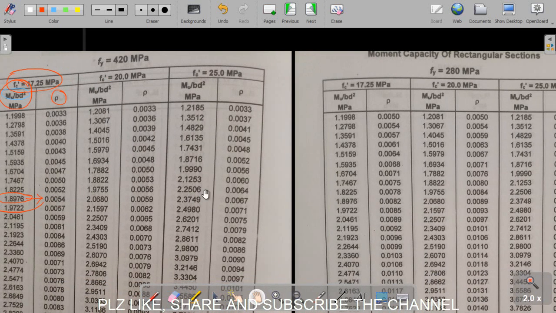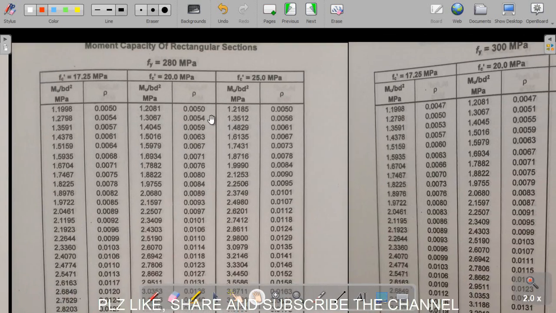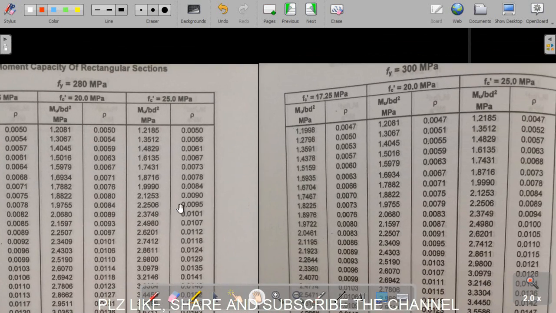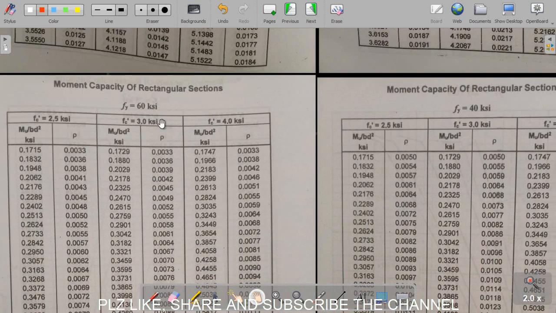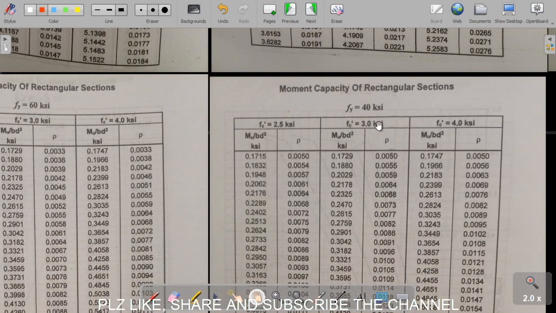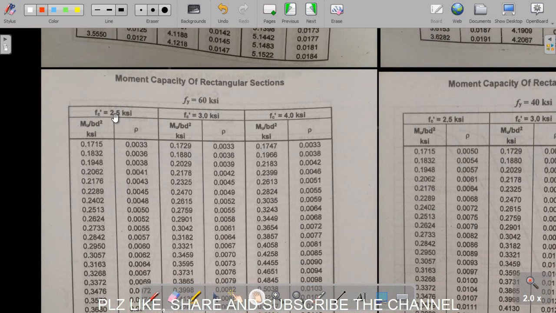Similarly, this table is for 420, this is for 280, and this is for 300 MPa. And similarly, I have tables for 60 KSI steel and I have a table for 40 KSI steel. This is 2.5, which is 17 MPa.